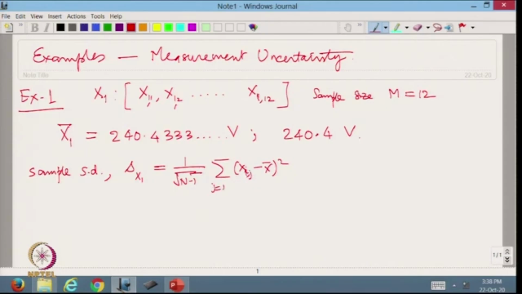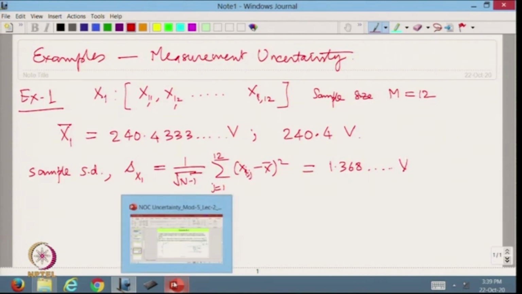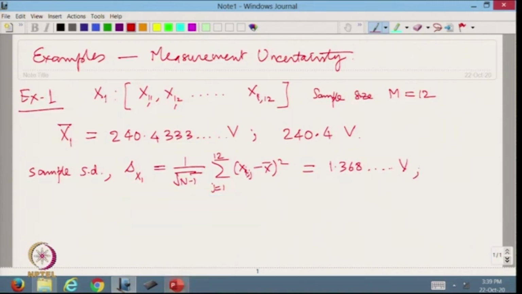So, this is j equal to 1 to 12. And if you do this calculation, you will get 1.368 volts. We could round this off and say this is 1.4 volts.